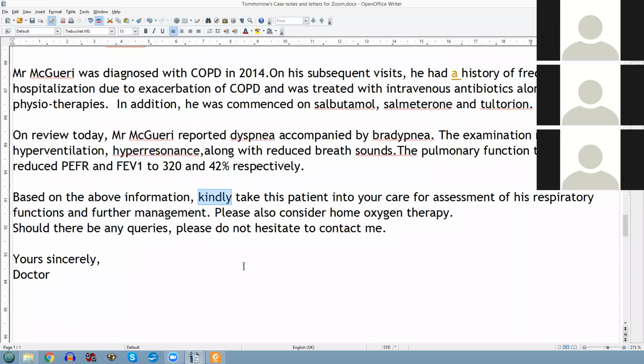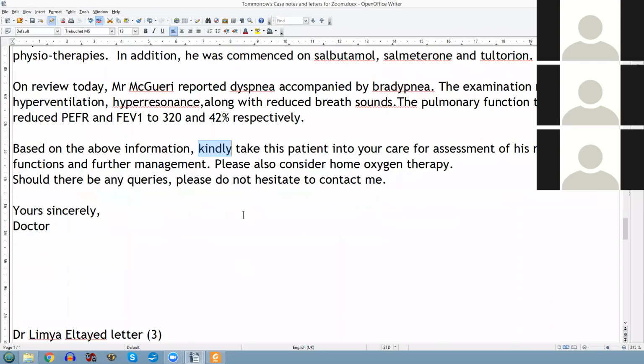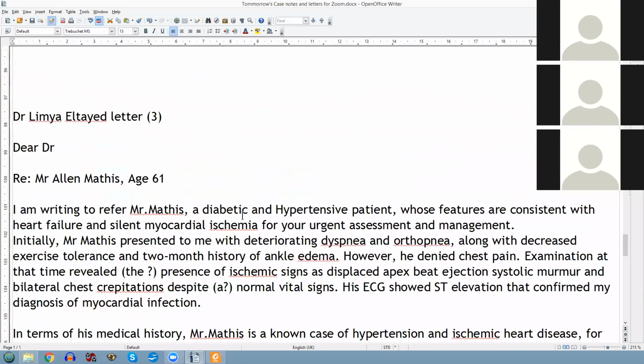"I ask" or "I request that you take this patient into your care." Oh, okay. So apart from a couple of articles, the grammar in that is good. I don't have a case note, so I can't make any further comment.